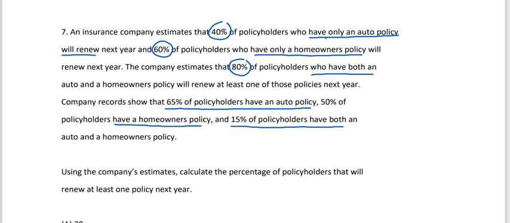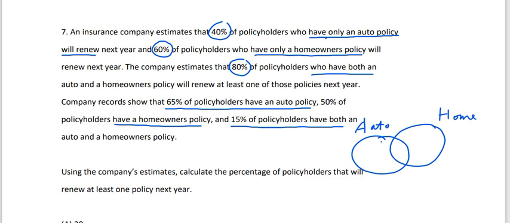So for all people, we split into 3 parts. These two policies can have overlap. So this is for auto insurance, and here's for home.